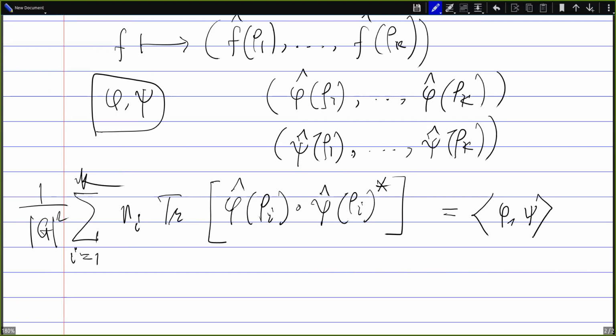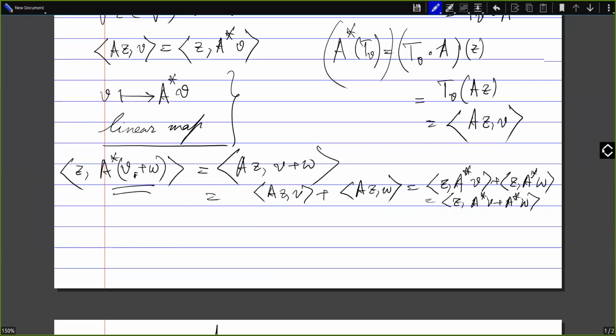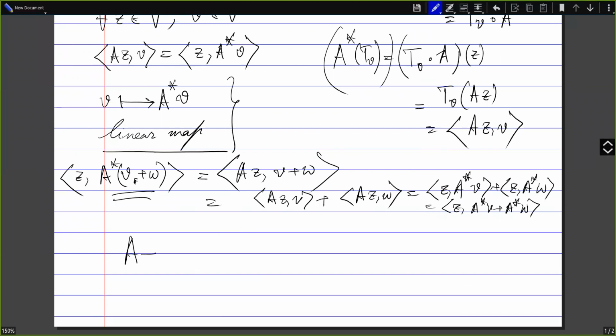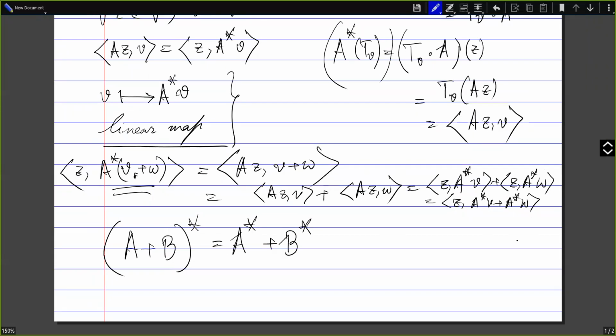Okay, so we shall now prove that formula. If you closely look at both sides, you see both sides are linear in the variables phi and psi, because here it is just composition. One more thing I should have mentioned earlier, which is also very easy to see: suppose you have two maps A and B, then (A plus B) star is the same as A star plus B star. I'm leaving that to you.